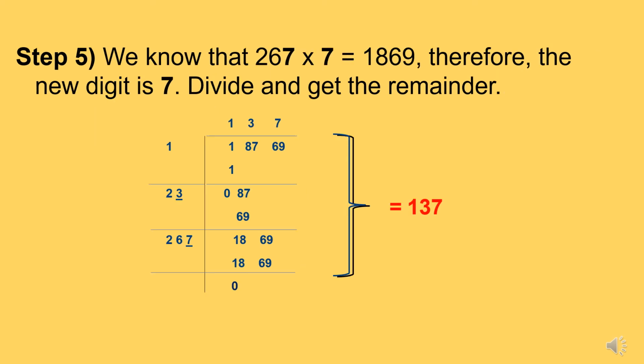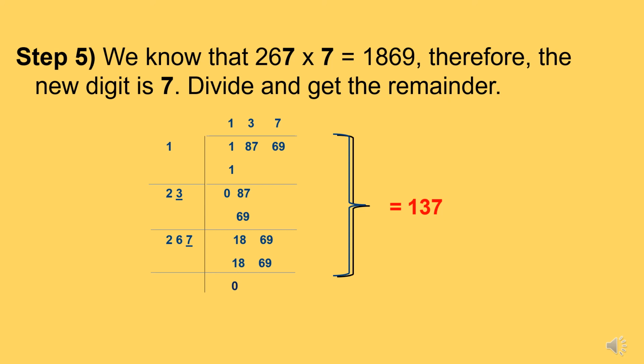Now the last step, to decide the digit we have to put in that blank. 26 and the blank. We need to get the number closer to 1869 or maybe exactly 1869, not more than that. If we check one by one, 7 is the digit which will give us 1869 exactly.